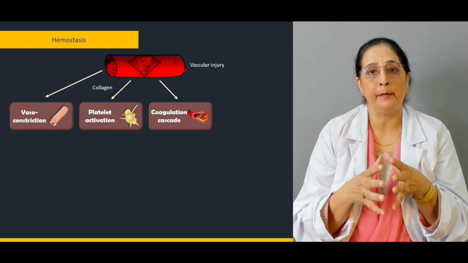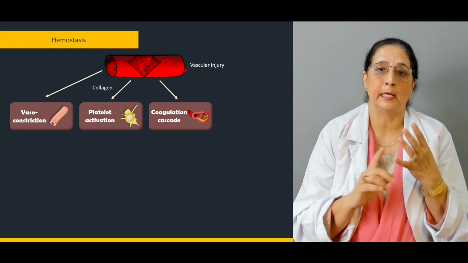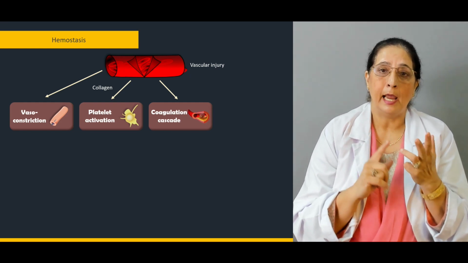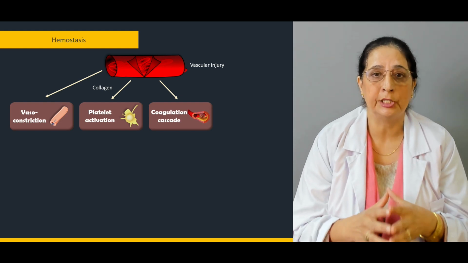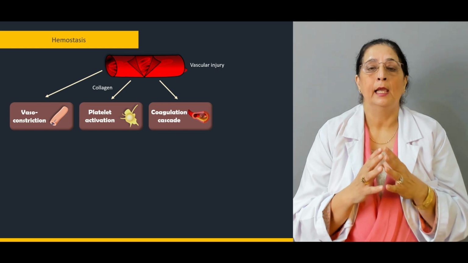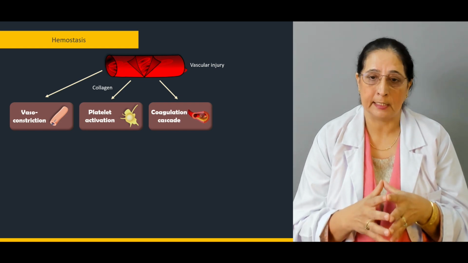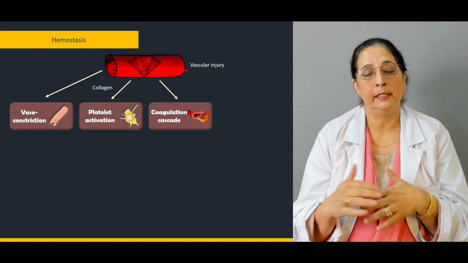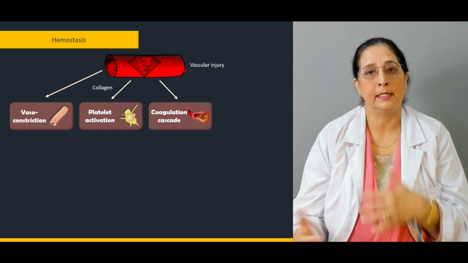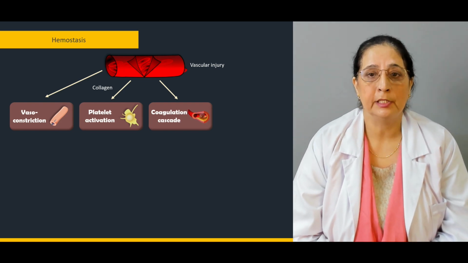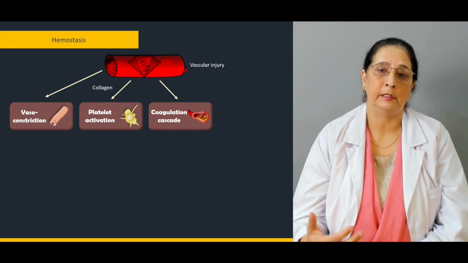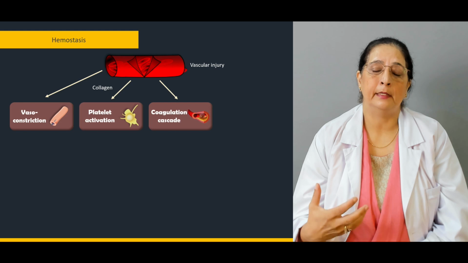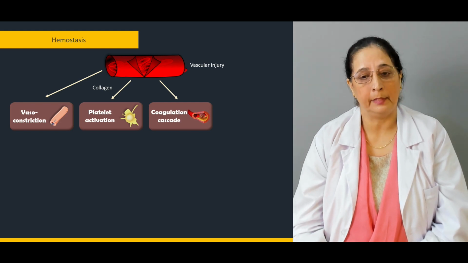First is primary hemostasis, the main steps being vasoconstriction and platelet activation as a result of the collagen present in the blood vessel. After that, the next step is the coagulation cascade activation, which further helps in the stoppage of the bleeding.